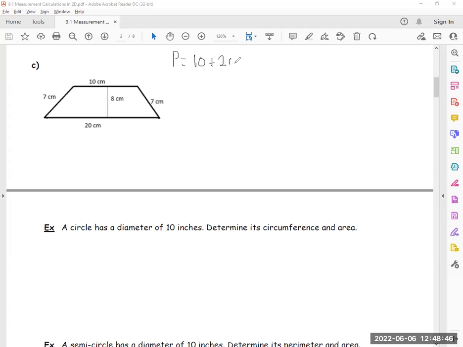Okay. Plus 7, plus 7. Good. It is, right? 20. Oh, let me use that thicker. That's 20, 10, 7, 7. The distance is all around. And if you add that together, correct, you would get 44 centimeters.